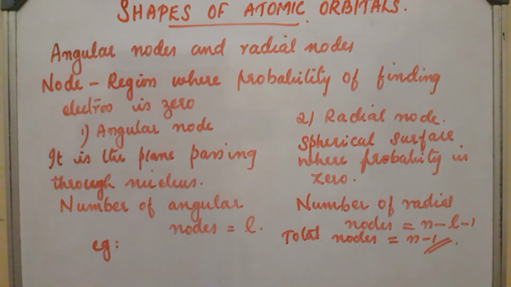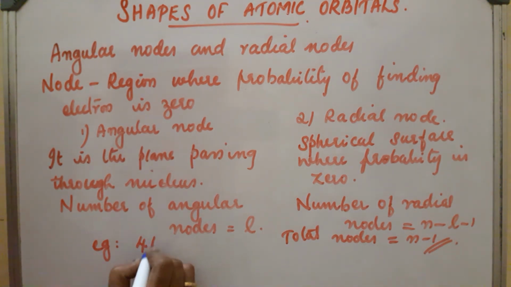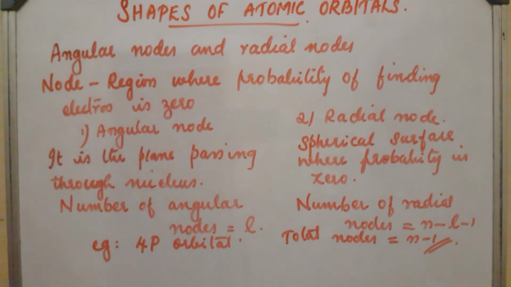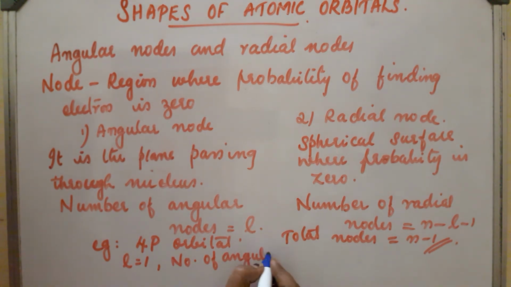Let us take one example. In the case of the 4p orbital, where l is equal to 1, the number of angular nodes equals 1. Now what about the number of radial nodes?